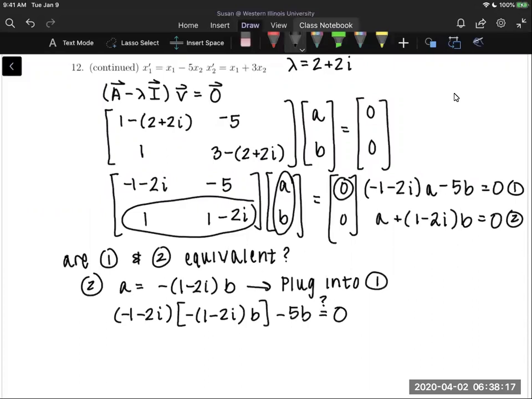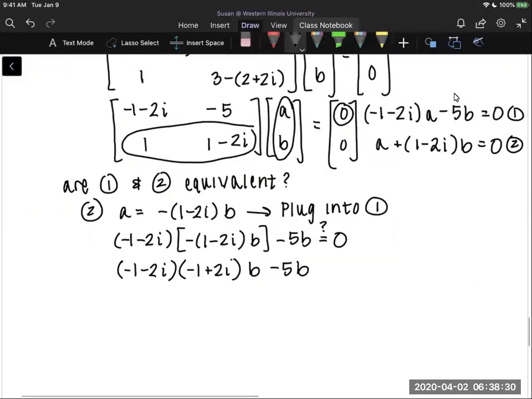So let's go ahead and simplify here. I have negative 1 minus 2i times negative 1 plus 2i, times b, minus 5b. So this becomes 1. The outer term is a negative 2i, the inner term is a positive 2i, and the last term is, actually, a minus 4 times i squared.